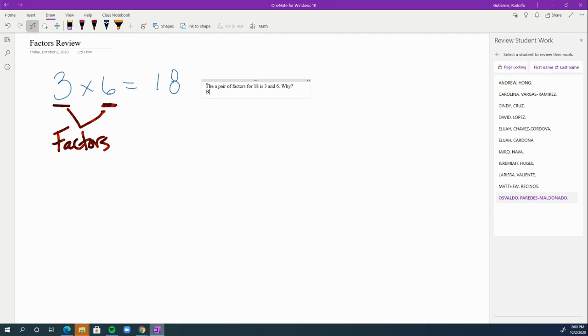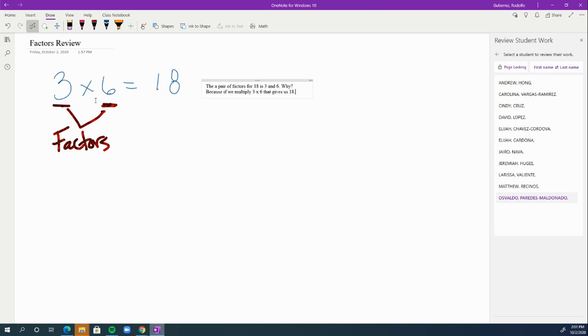Well, because if we multiply 3 times 6, that gives us 18. See that? So that's what we mean about factors. When we talk about factors, we're talking about a pair of numbers that we can multiply together to give us 18, or that product.